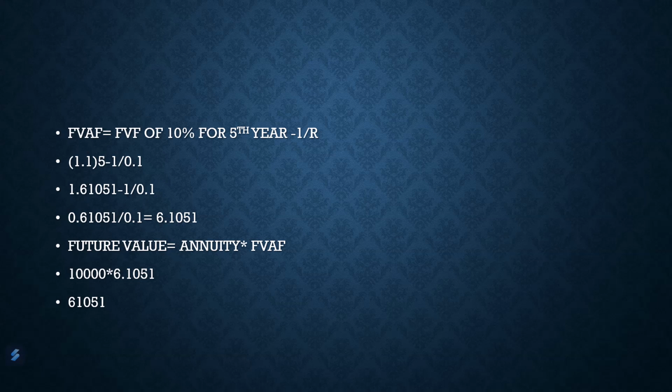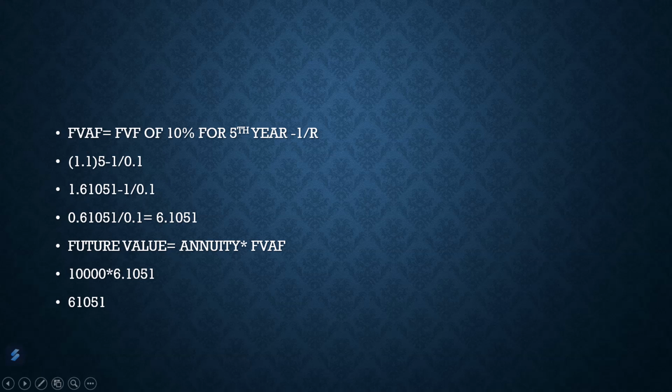So if we want to solve our example, first we have to find the future value annuity factor. That is, future value factor for 10 percent for the 5th year, minus 1, divided by r. Now the future value factor for 10 percent for the 5th year we can find by 1.1 raised to 5, minus 1, divided by 0.1, and solving this we will get 6.1051.